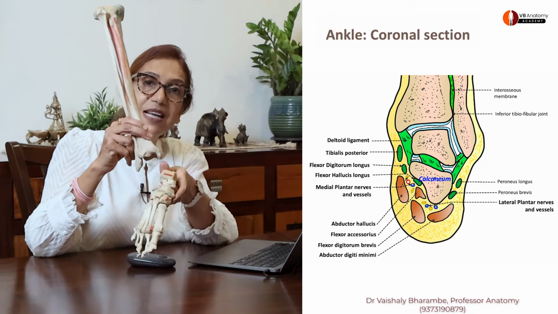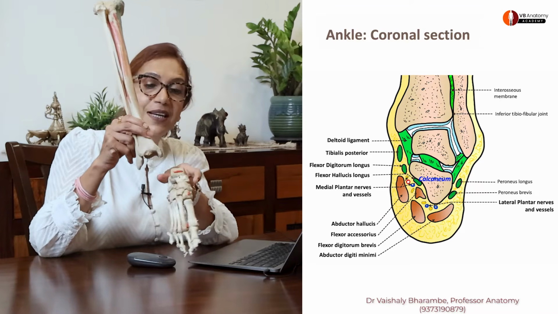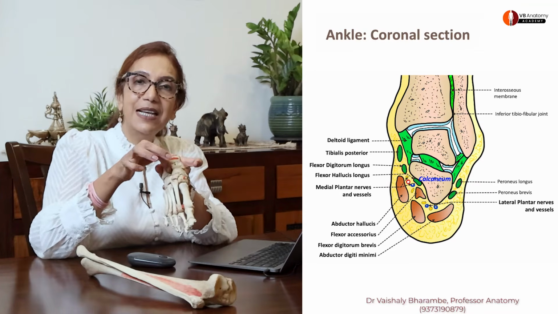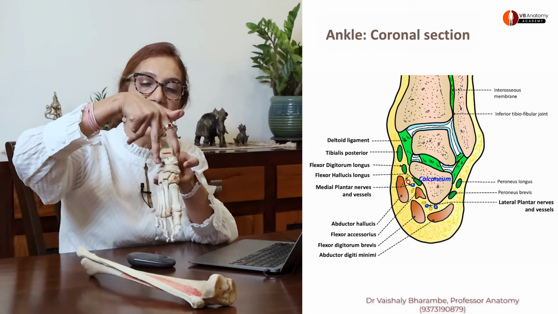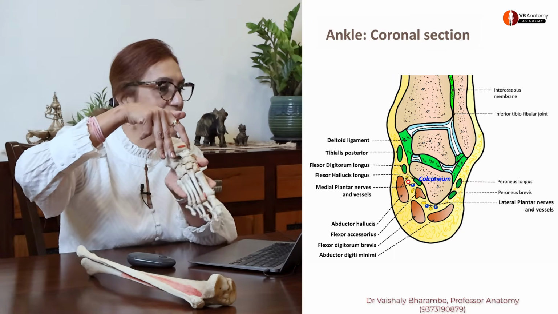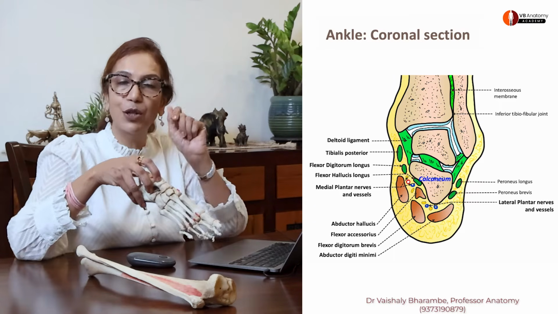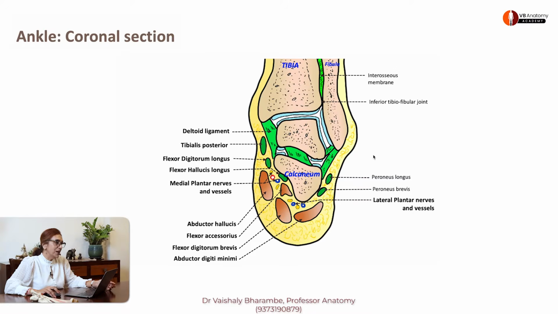Who is the single bone articulating with tibia and fibula to form the ankle joint? It is talus. Talus is acting like a link between the tibia and fibula above and the rest of the bones of foot below. Okay, if you've got this, then the rest of the discussion on talus will not be difficult for you. Come. So here you can see the tibia, fibula, talus, and you can see how tibia and talus are articulating.